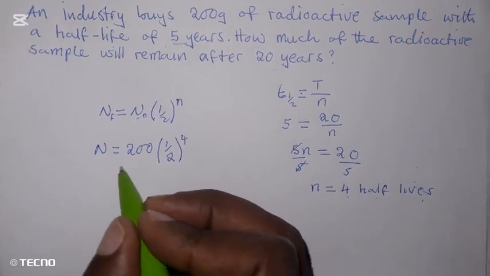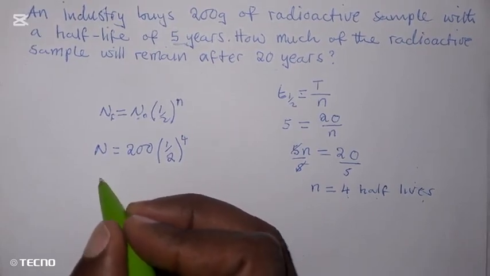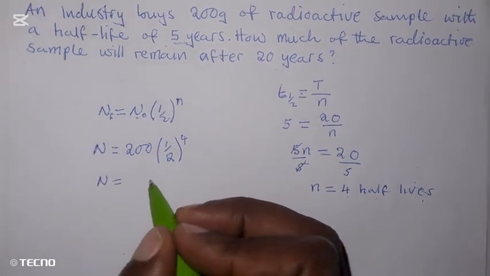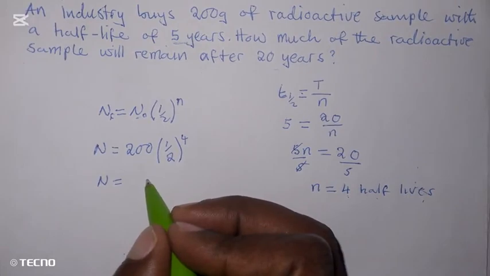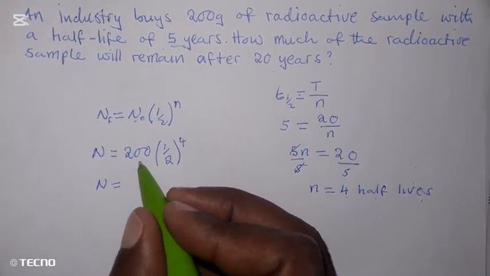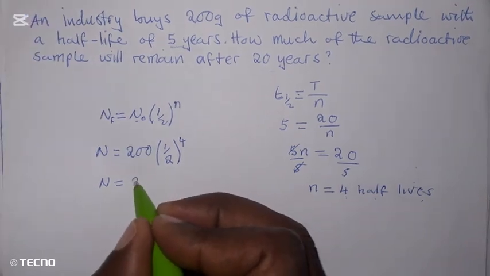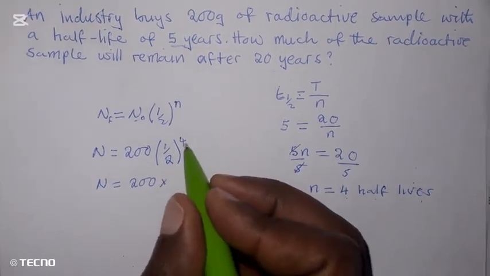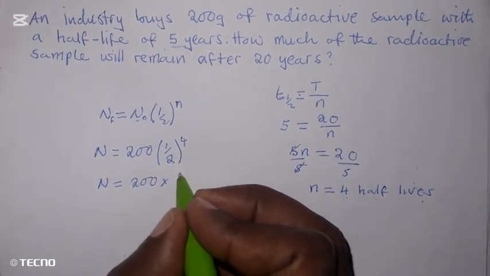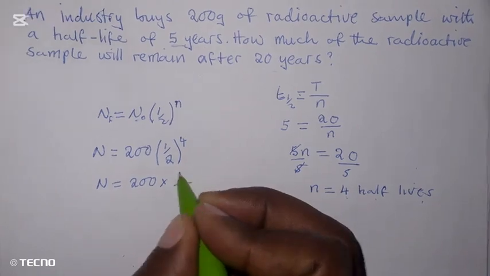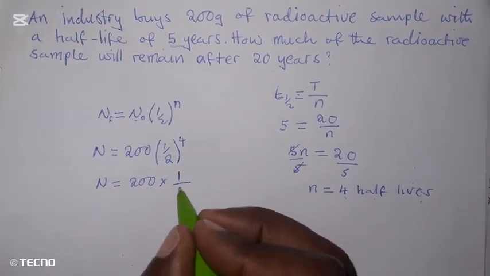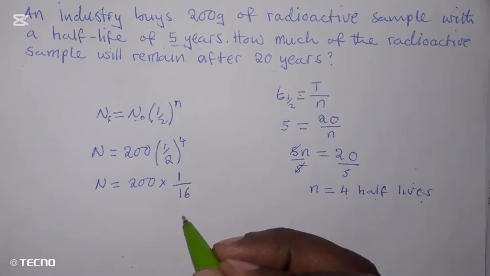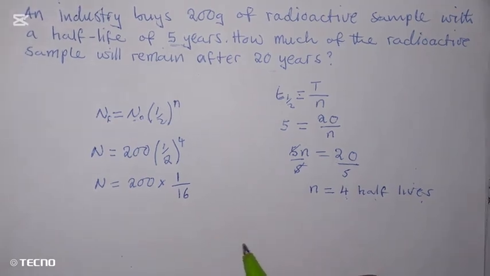Having this, N is equal to 200 times, so 1 to the power 4 gives us 1 over 2 to the power 4, and 2 to the power 4 gives us 16.